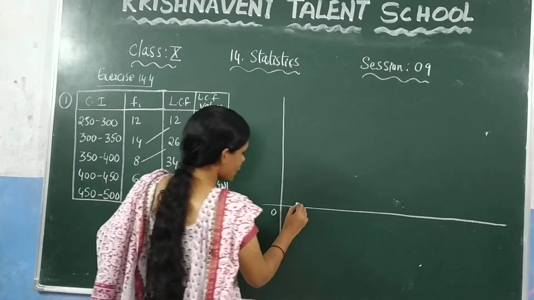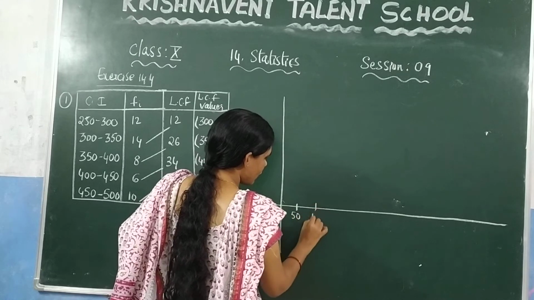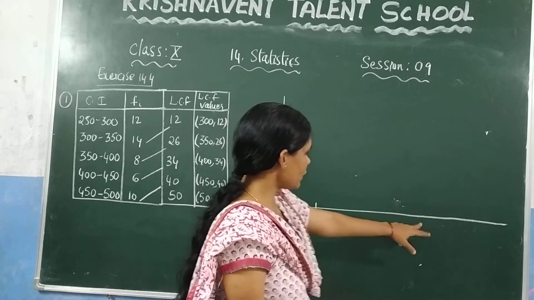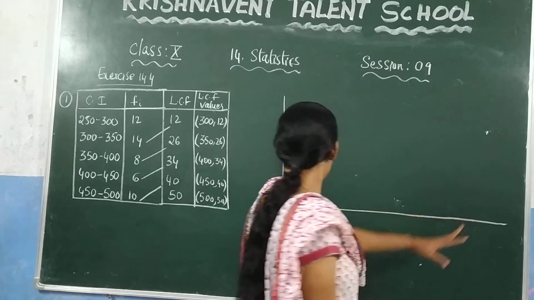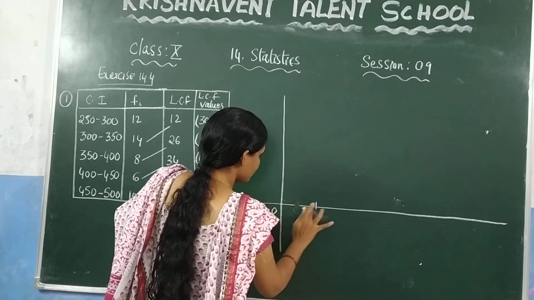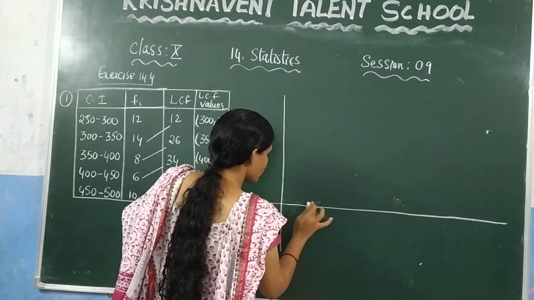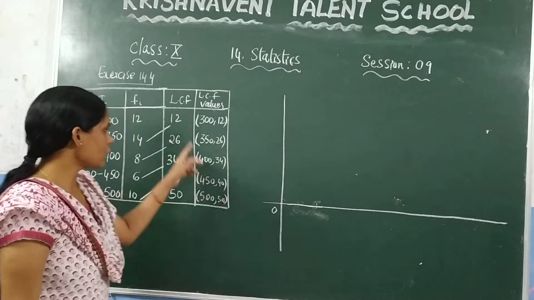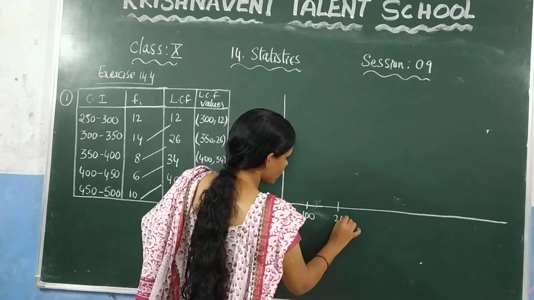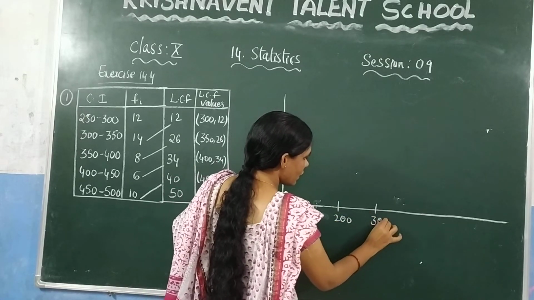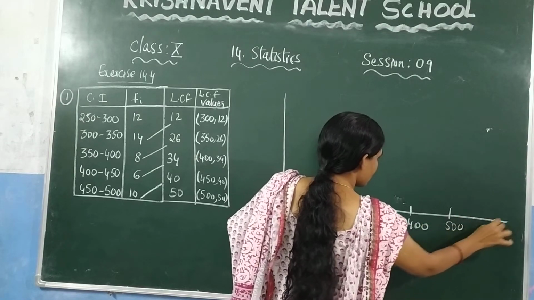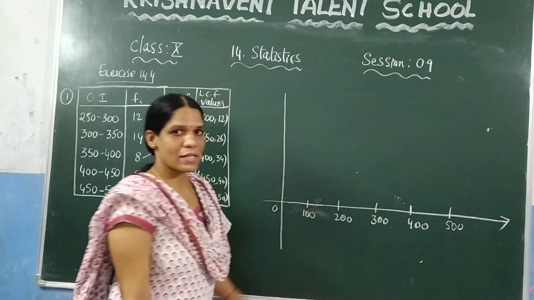So here I am taking 50, 100, 150, 200, 250, 300, 350, 400. Since the space is not sufficient, I am taking 100. You can take it according to your convenience. So let us take this as 100, 200, and the next one, which is 300, and the next one 400, and the next one, which is 500. These are the x-axis points.